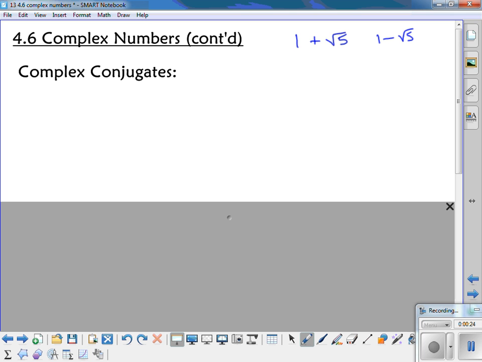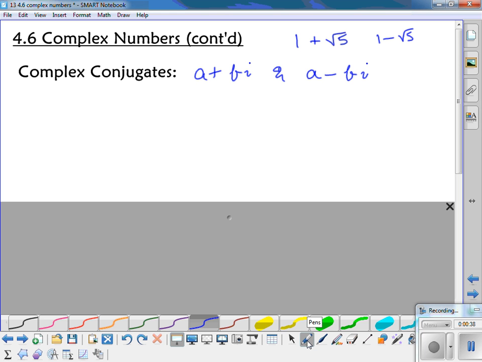Well, it's the same idea with complex numbers. A plus bi and a minus bi are conjugates of each other. And so if we multiply our conjugates together, what happened when we had the radicals and we multiplied them? Why did we multiply by the conjugate with the radicals? It made the radical go away, right? It became a rational number. Okay.